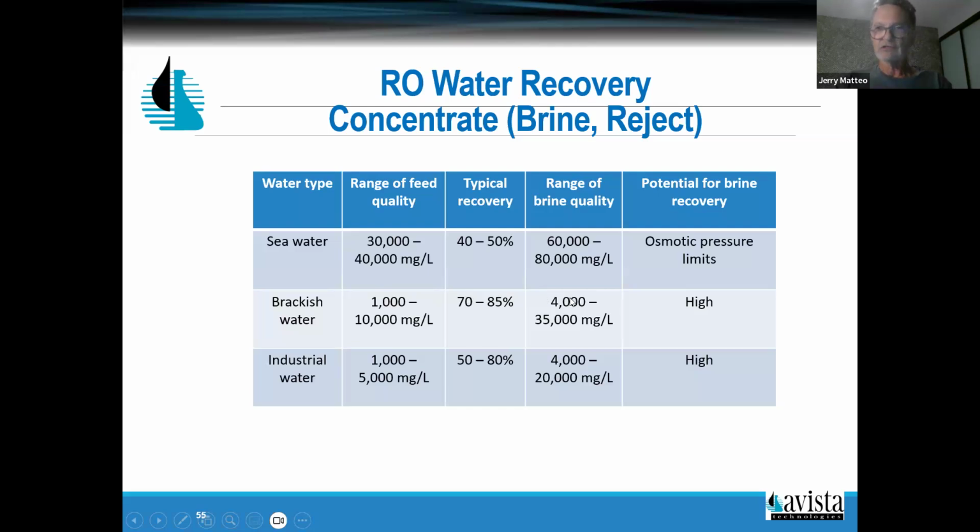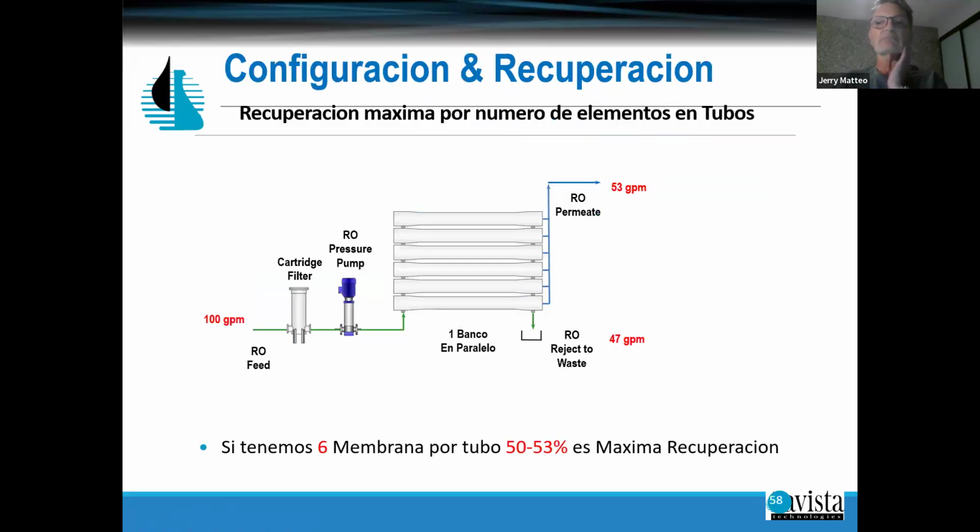I've got all the dissolved solids in 1/4 of the water. So my brine quality is 4 times higher dissolved solids than the feed. I hope that's not too much numbers. I happen to love numbers. Okay, so I don't know if this one might be a little complicated.